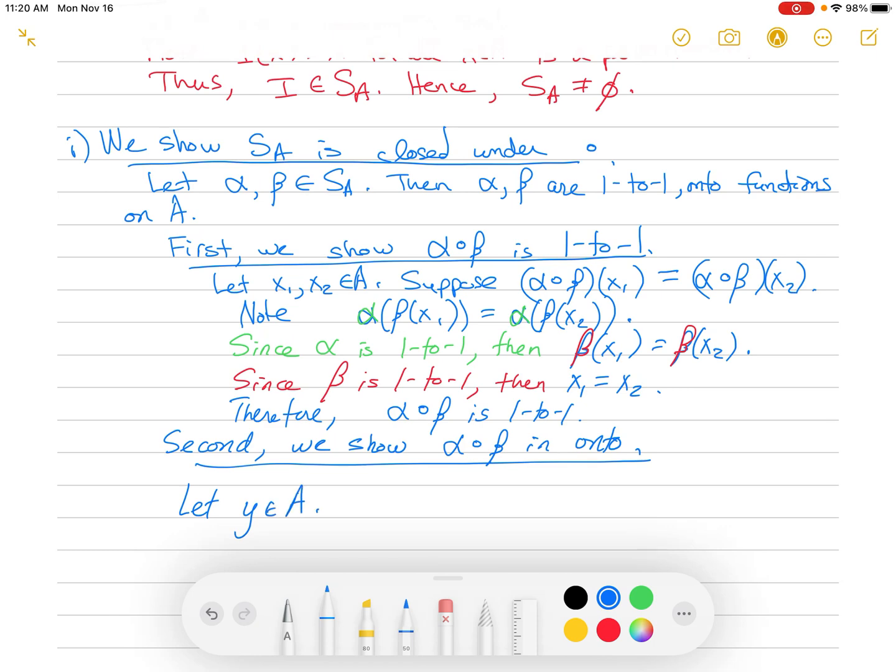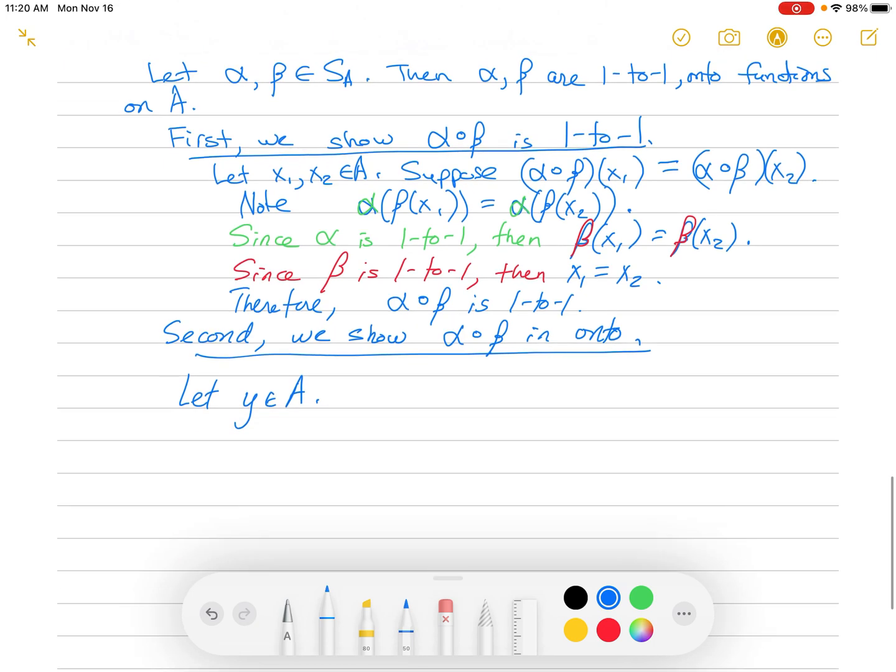So we're going to take an arbitrary y in A, and we're going to show that there's some x that alpha composed with beta sends to y.